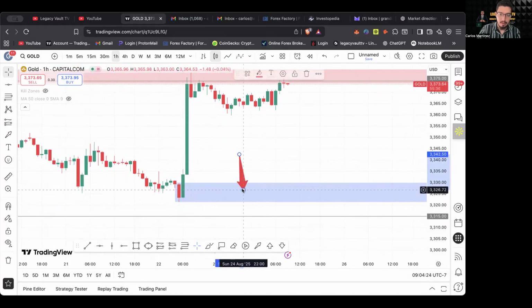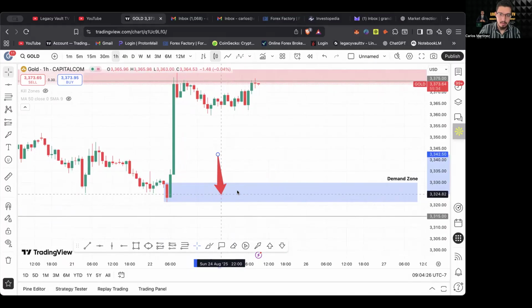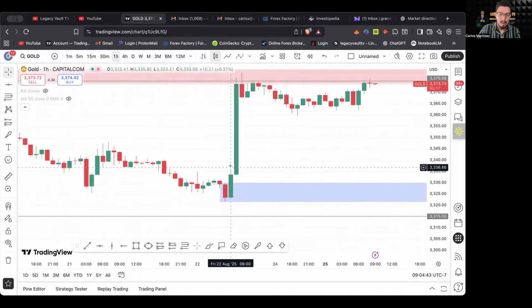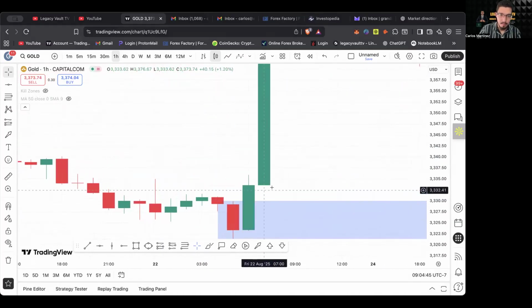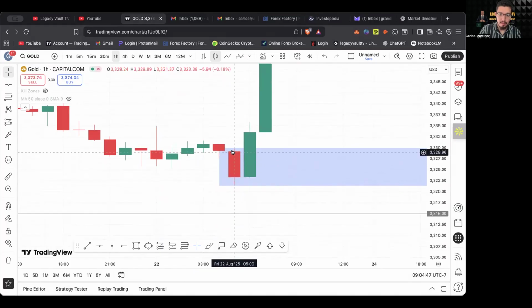That is how I drew the zone. And an imbalance exists within the zone of demand. So this is considered a valid demand zone. I drew the zone from this bearish candlestick from wick to wick.